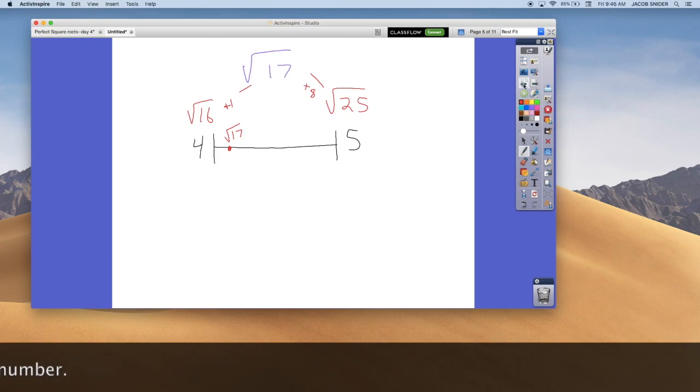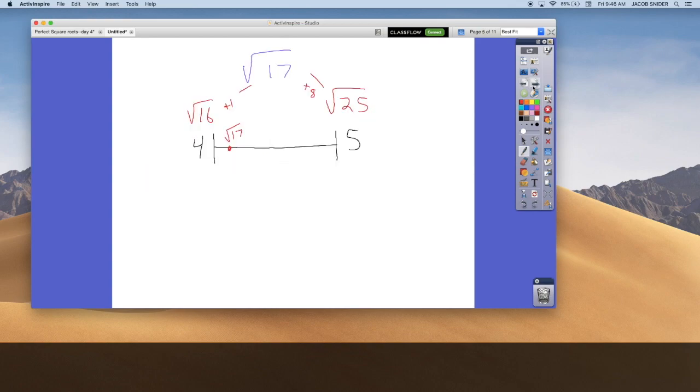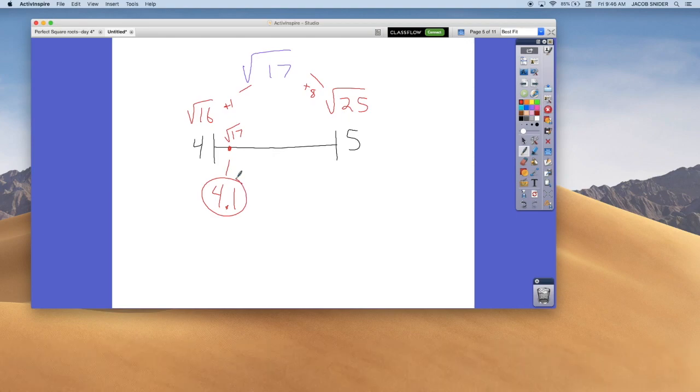If I go back to my number line, it's going to end up over here. So my answer is going to be close to 4.1. That's a good approximation for what the square root of 17 is. I hope that kind of makes sense, guys. So let's take a look at another one.